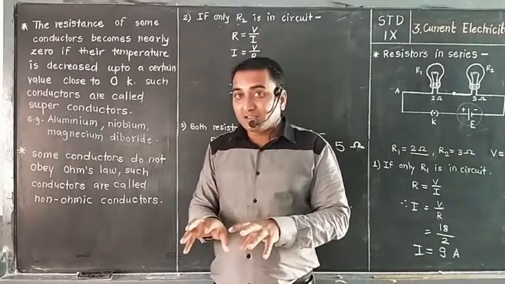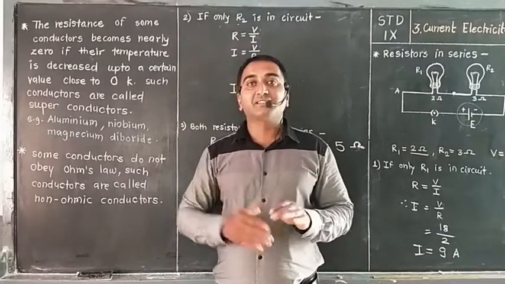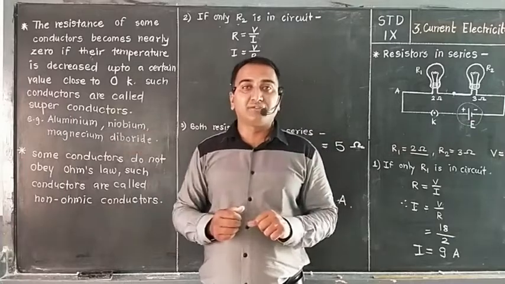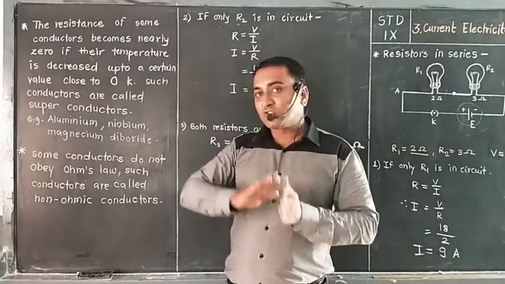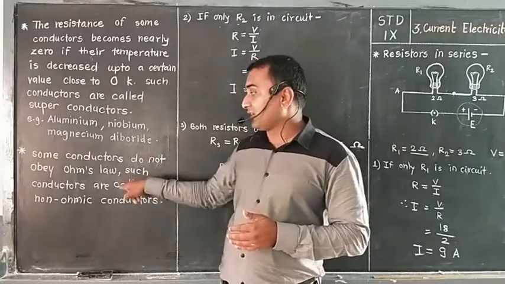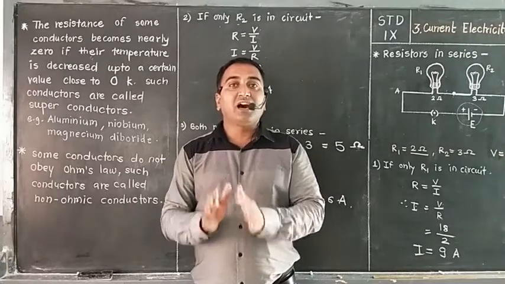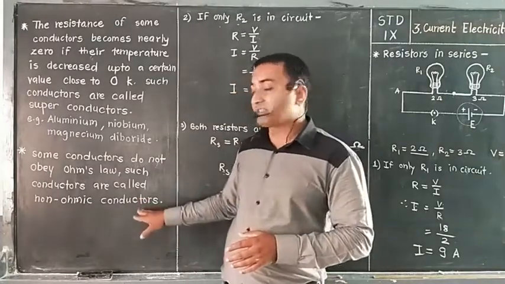The conductors which follow this rule, that is, if you increase the potential difference the current increases, are ohmic. If this law is not applicable to a conductor, it is non-ohmic. Those conductors that do not follow Ohm's law are called non-ohmic.